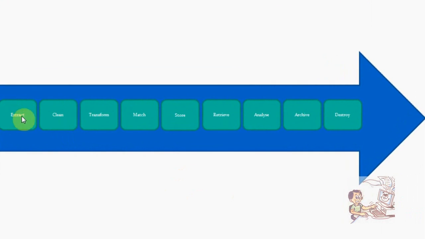So first we are extracting from multiple locations, then we are cleaning based on the requirement, and we are converting data first into proper format. Then we are applying transformation, meaning we are building business requirements, business rules here in the transformations.